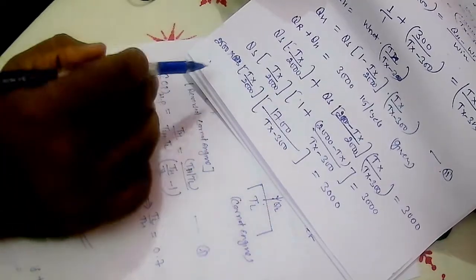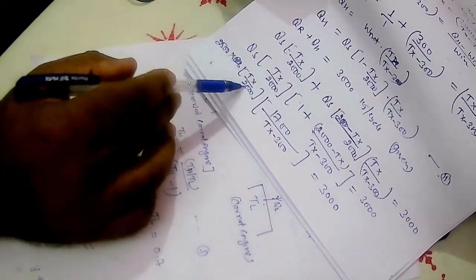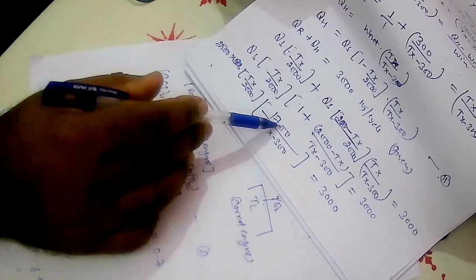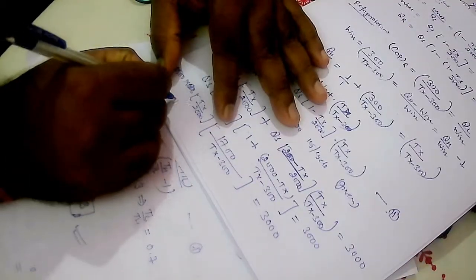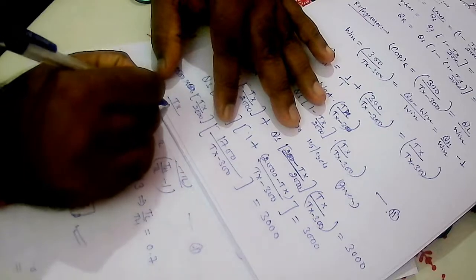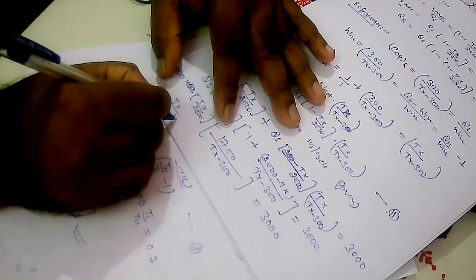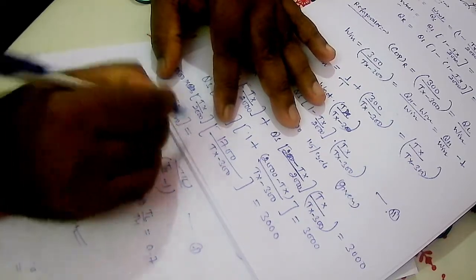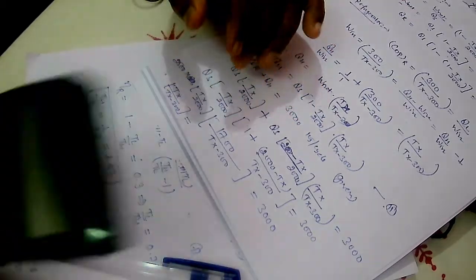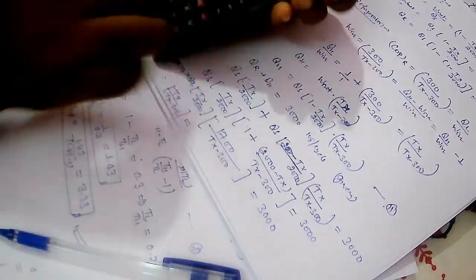Now I will use the calculator. I will take all of these, this divided by this, multiply by this, divided by this. So I will get a very simple term, Tx divided by Tx minus 300 is equal to, so I will solve now.